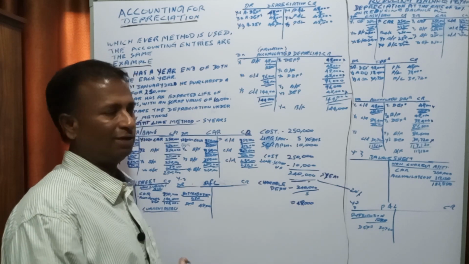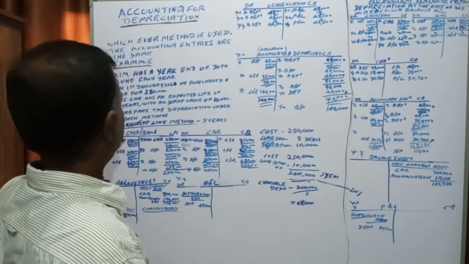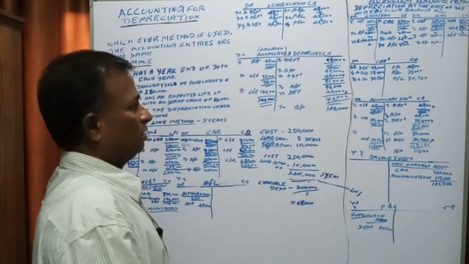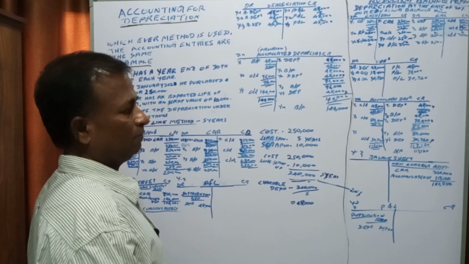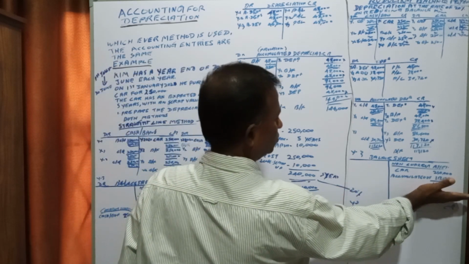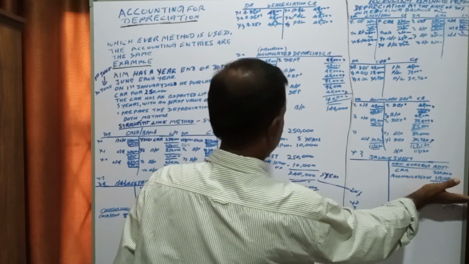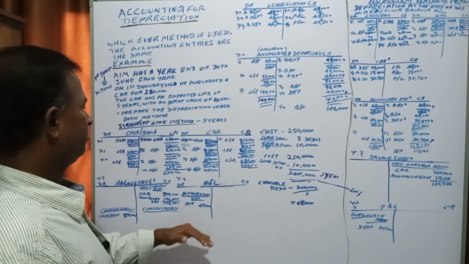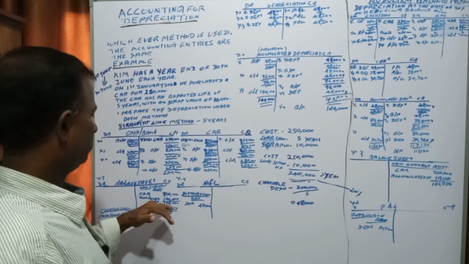So you would have understood the difference between the straight line method and the reducing balance method. Under the reducing balance method, the asset value will be shown at an increased, higher value. In the straight line method, it shows a lower value.